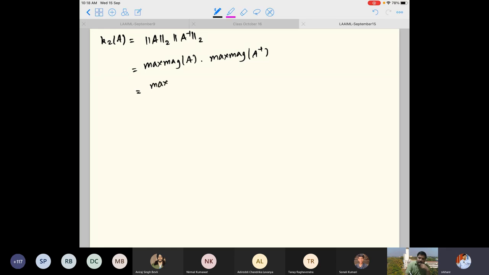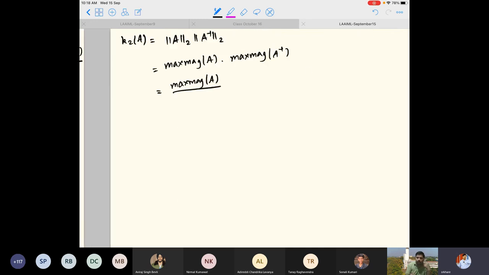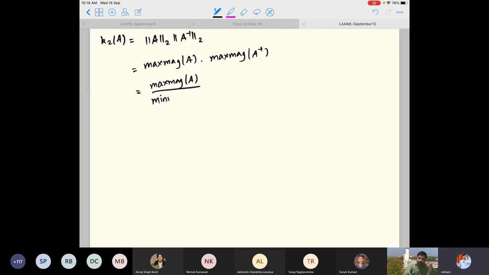And now what is maximum magnification of A inverse? According to this result, it is actually minimum magnification of A. So I'll replace it with minimum magnification of A, right? So this little small algebra actually tells me that the condition number is the ratio of this major axis to the minor axis, right? So that is what geometrically the condition number is telling you.